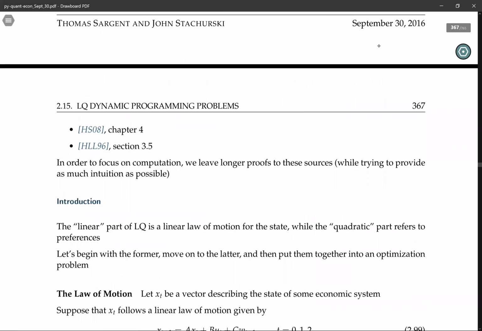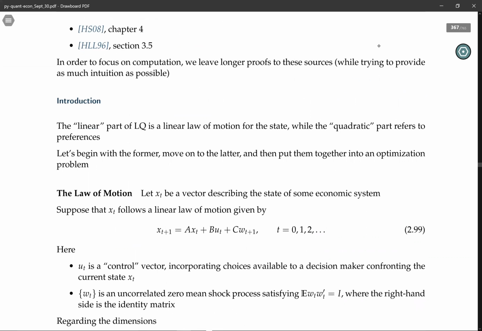There's going to be a linear part, and there's going to be a quadratic part that you should watch for. Our artillery here is going to be knowledge of what a linear equation is, what a quadratic form is, and a little bit of linear algebra.